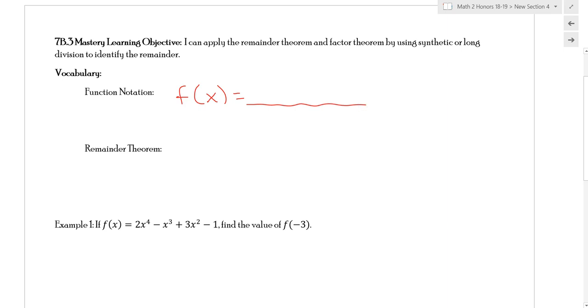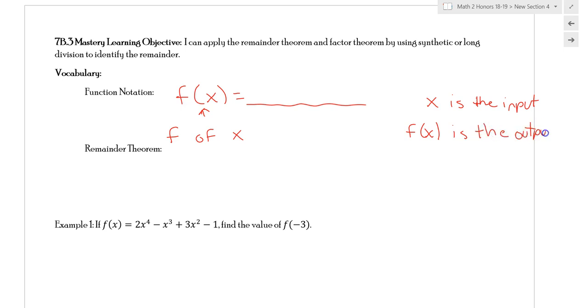And then there's something here, right? And we pronounce this f of x. In this, we call x the input, and what you get for f of x is the output.